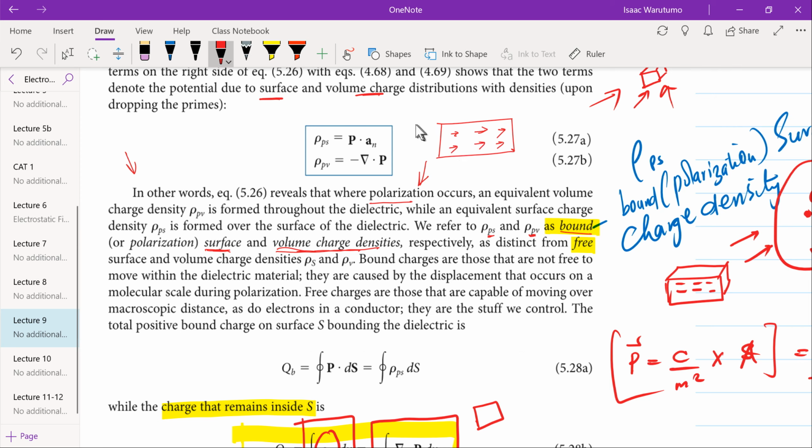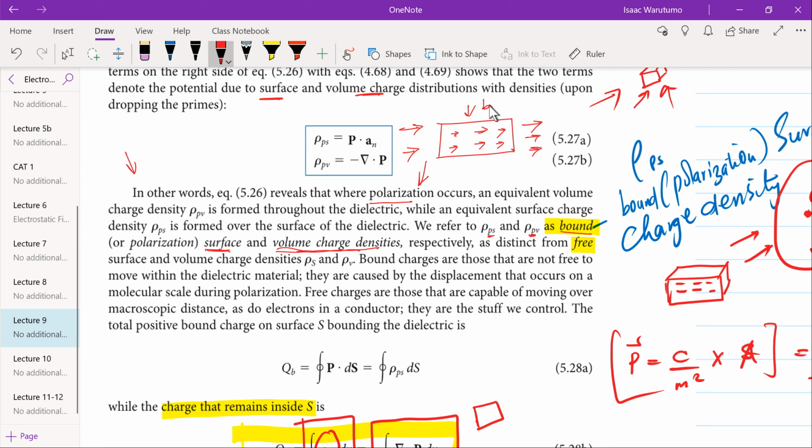So when you apply an electric field here, if it has some free charges, then the flux that is passing through this material will be equivalent to the total charges accumulated inside here, and they are in two forms.